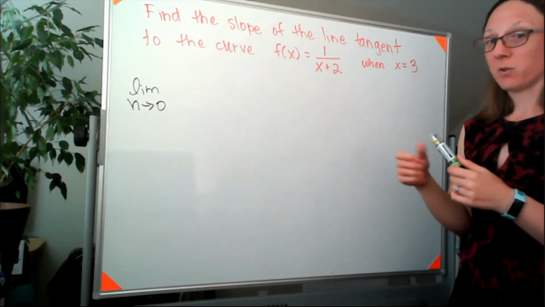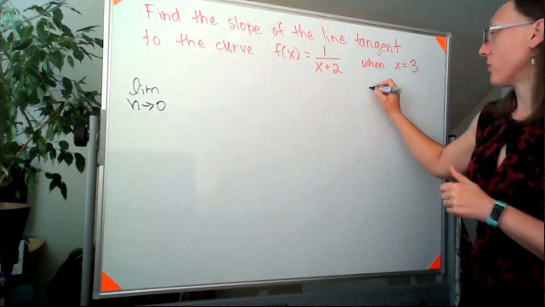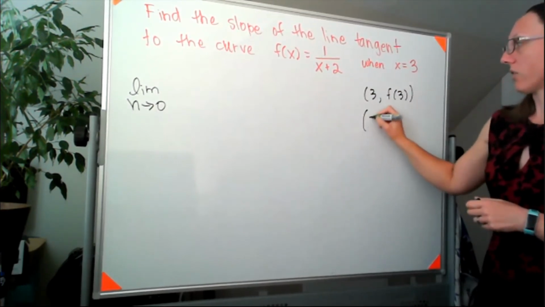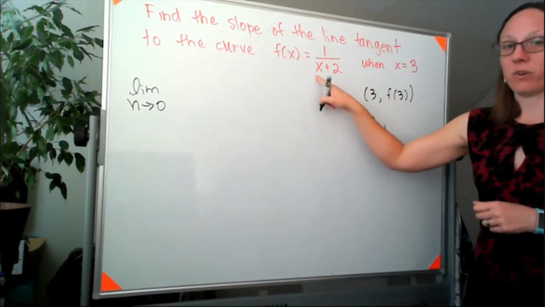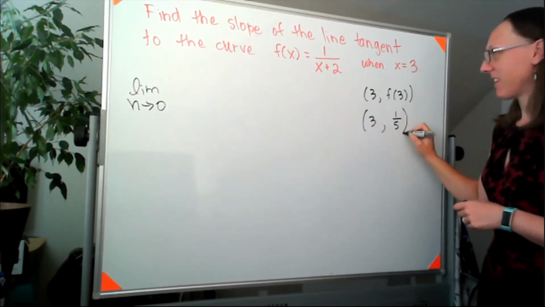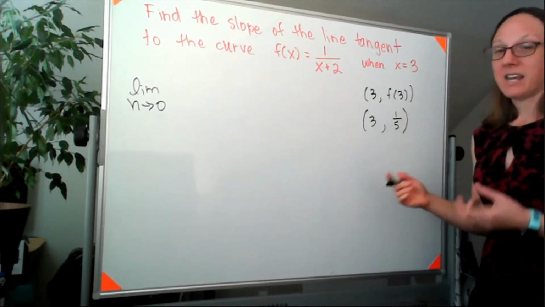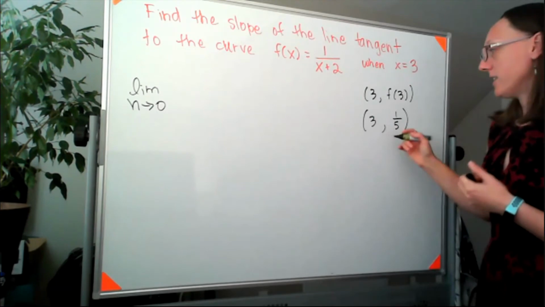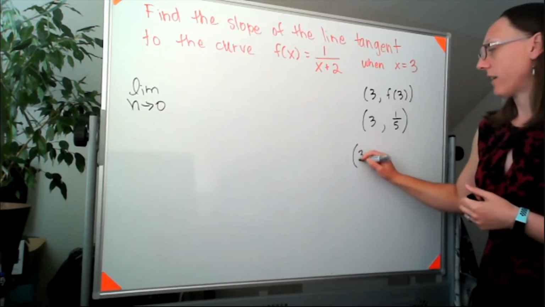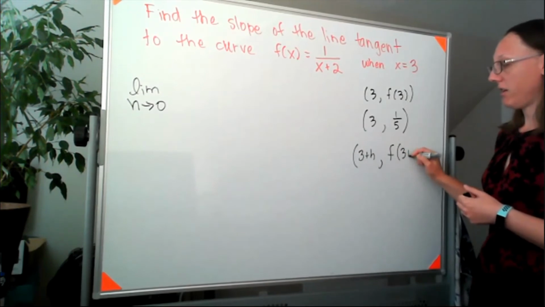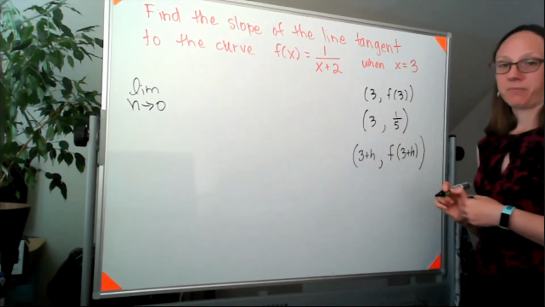One of those points on the graph is going to be 3, f of 3, or 3, comma, when I plug in 3 here, I'll get 1/5. And for the other point, I'm going to move over plus h. So my other point is going to look like 3 plus h, comma, f of 3 plus h.